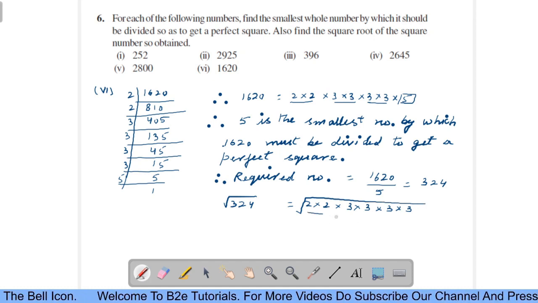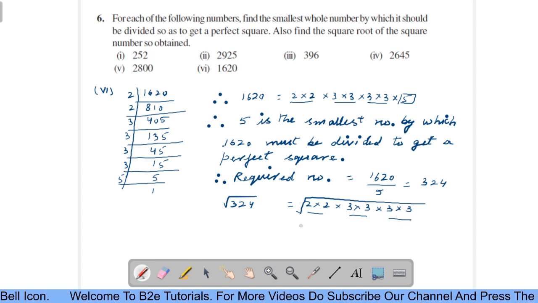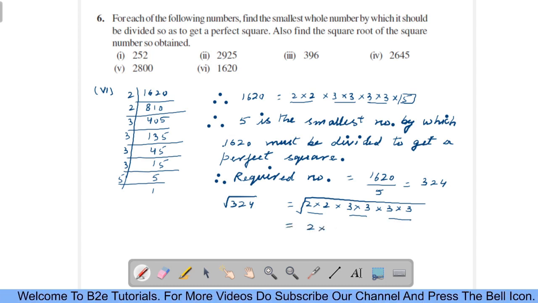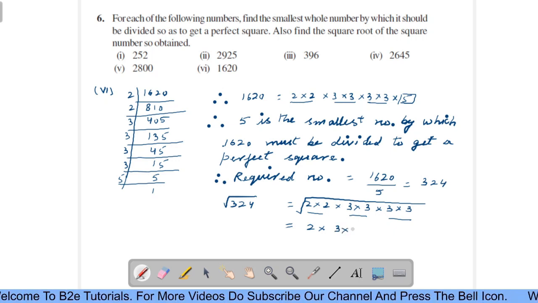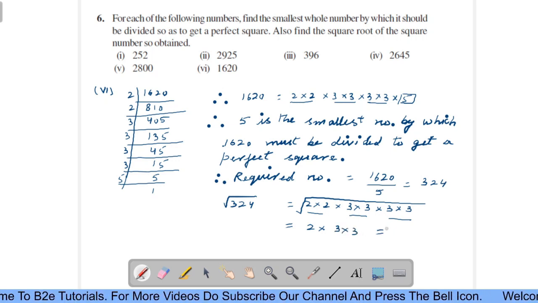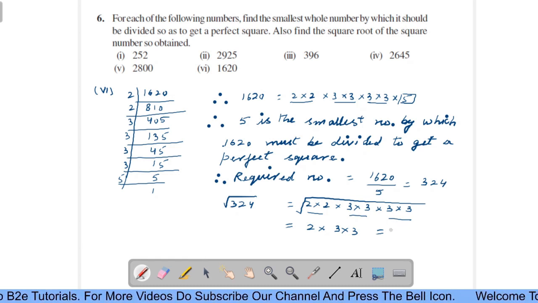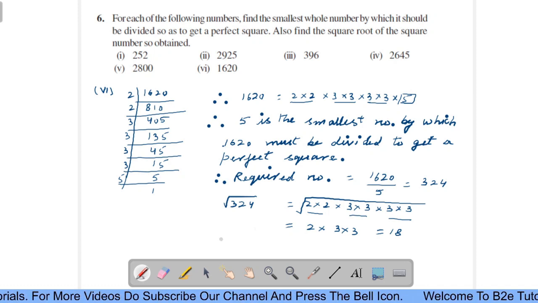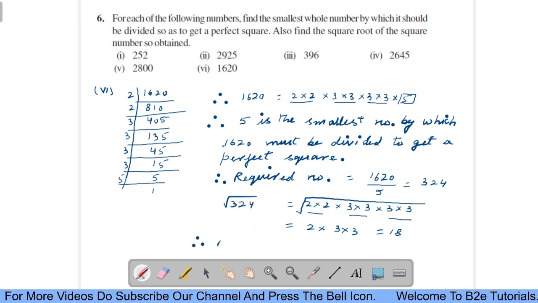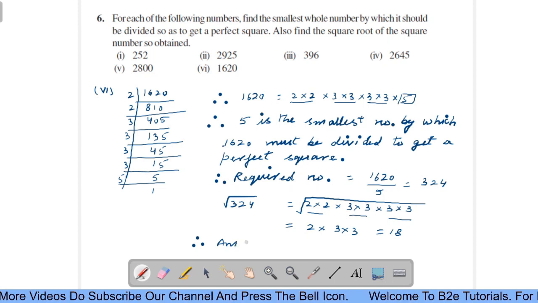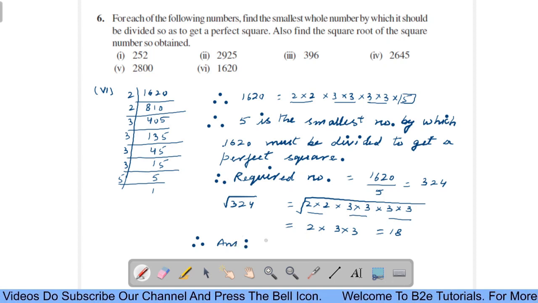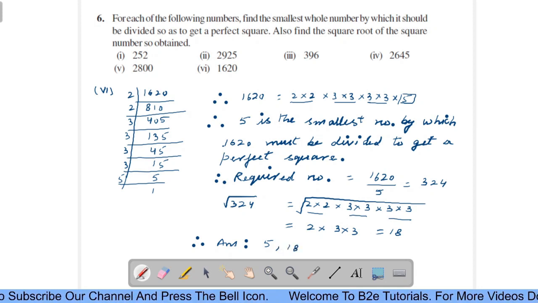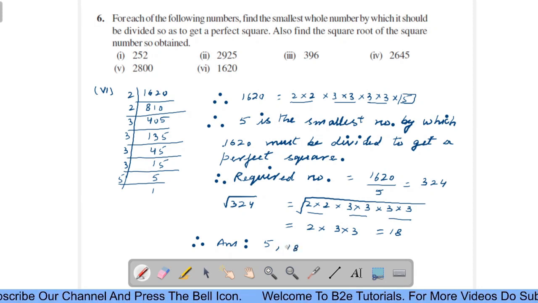Now make pairs of 2 and take one number from each pair, that is 2 into 3 into 3, that is 2 3s are 6, 3 6s are 18. Therefore your answer is 5 and 18. Now come to next question.